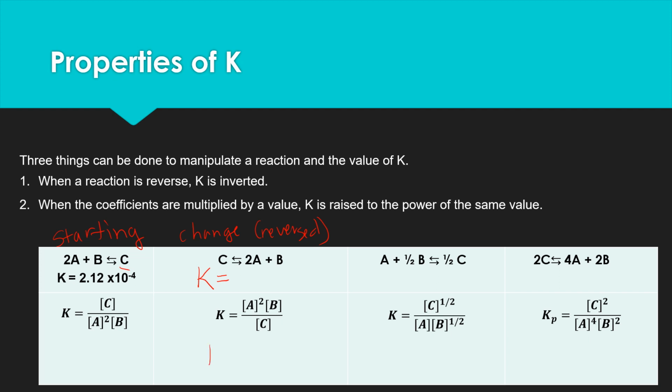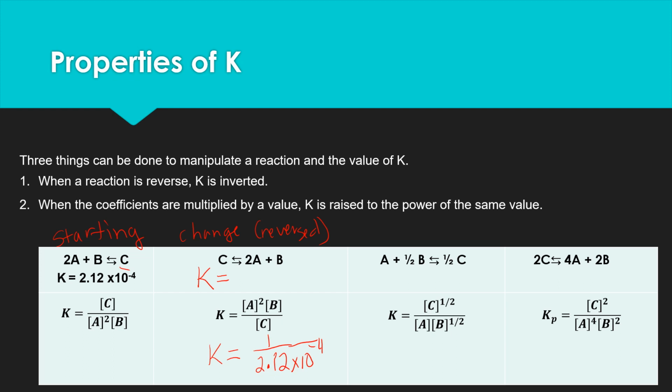We can't just flip it over and write it upside down. What we do is take the inverse of it. So 1 divided by 2.12, from our starting reaction, times 10 to the negative 4th. We can't leave it as that fraction. We want to go ahead and solve it.